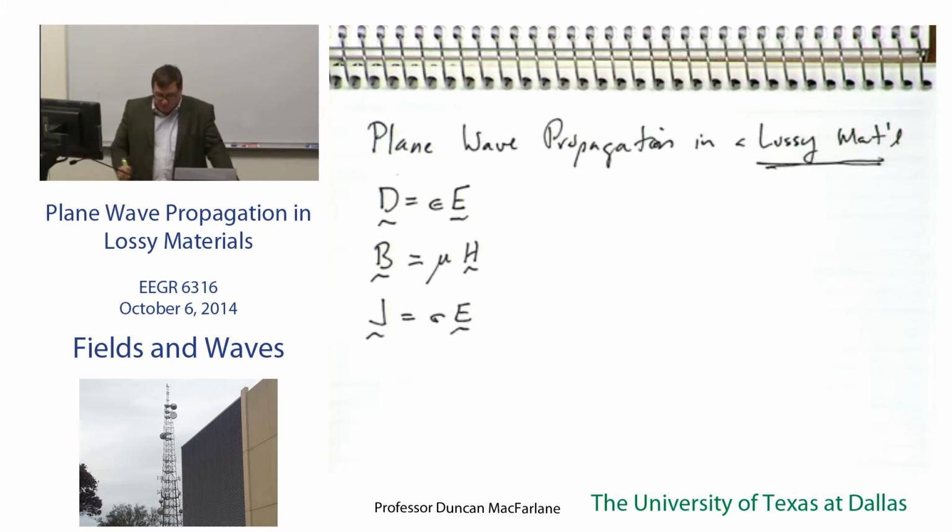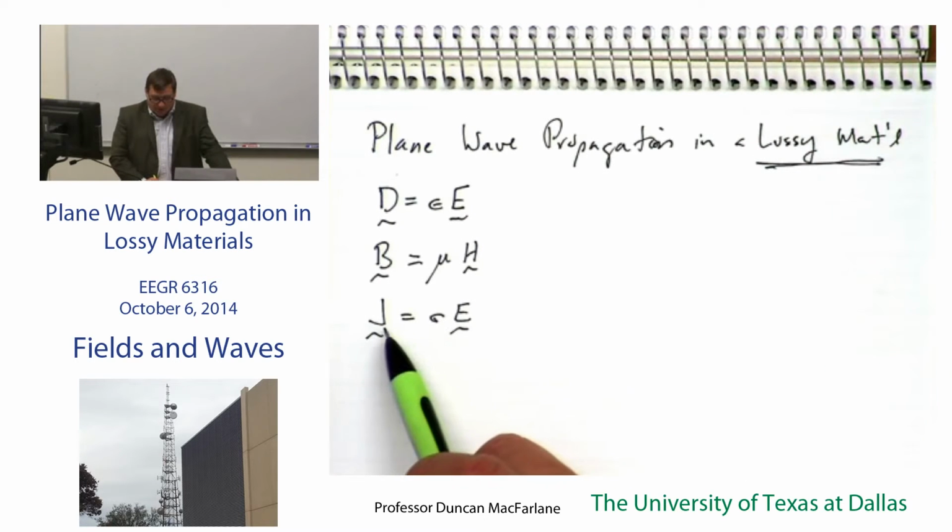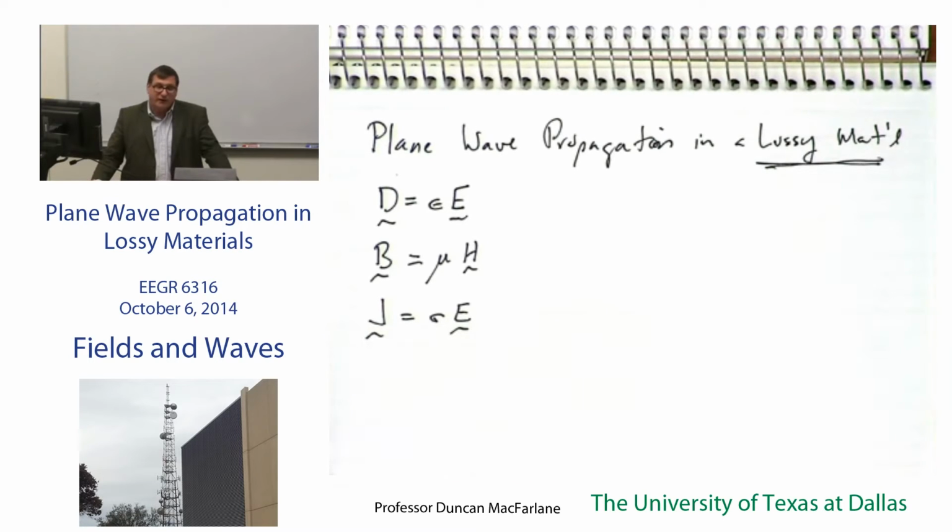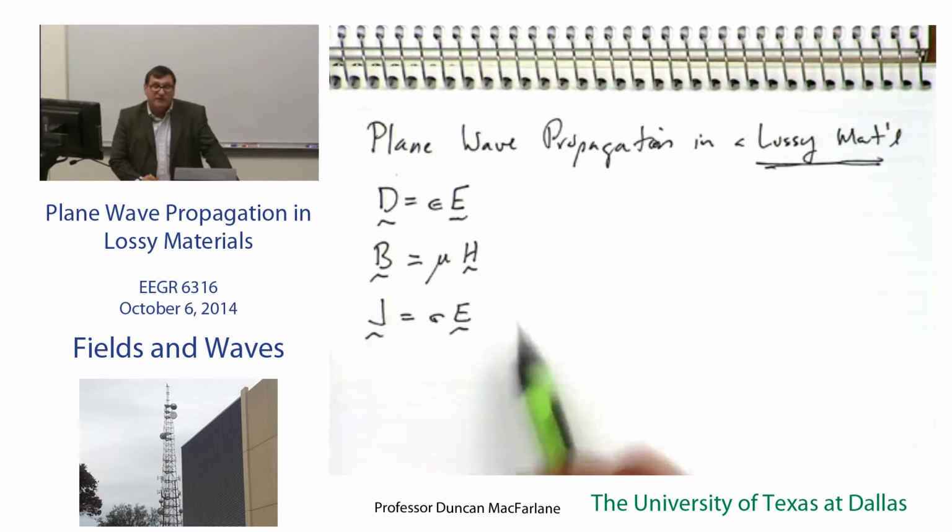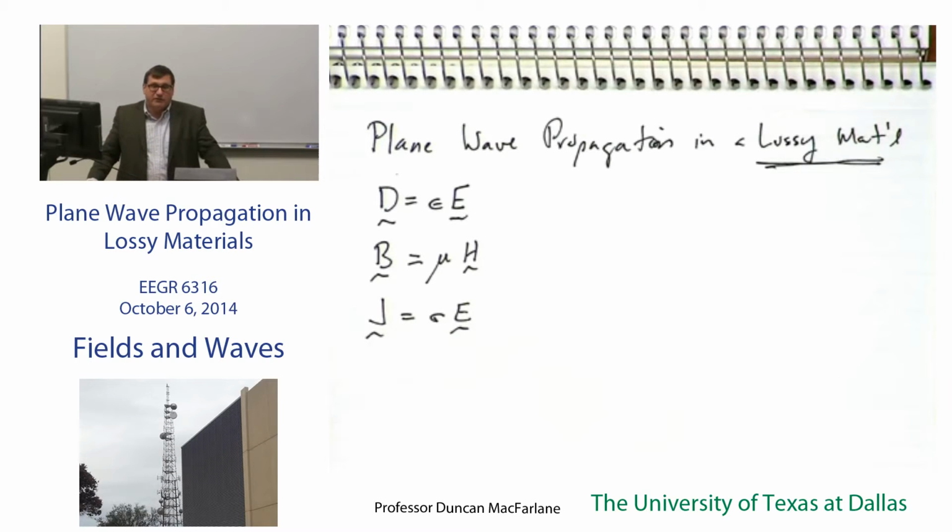That current, this is literally Ohm's law, V equals IR. The units of sigma are mhos. 1 over mhos are ohms. So if I bring sigma to the other side, I have V equals IR. That's a literal interpretation of this material relation.